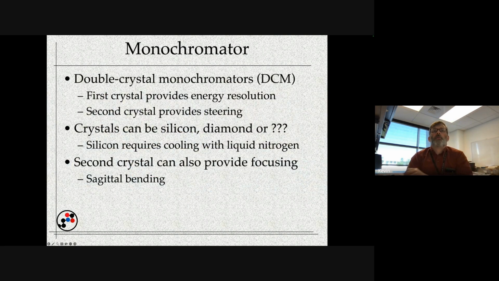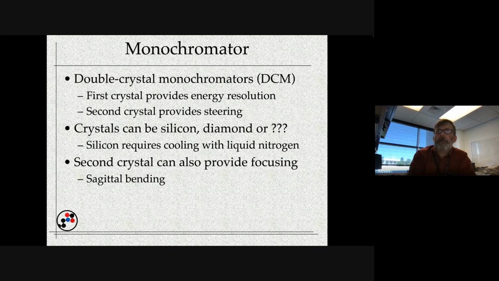One of the more typical ways that people will arrange their monochromator is something called a double crystal monochromator. It's called that because there are two crystals, typically silicon, in the monochromator. The first crystal will provide energy resolution.